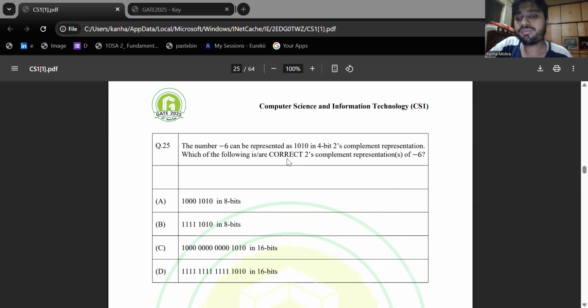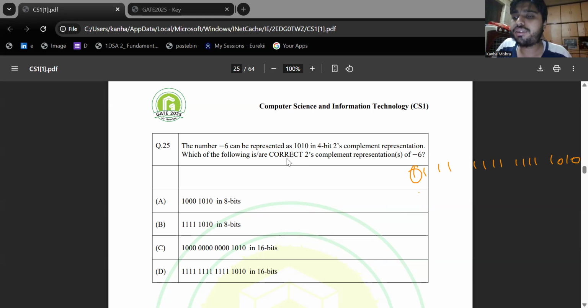Let's try option D maybe. So option D is 1 1 1 1 1 1 1 1 1 1 1 0 1 0. This is option D. Checking the MSB, 1 means the number is negative. Okay.